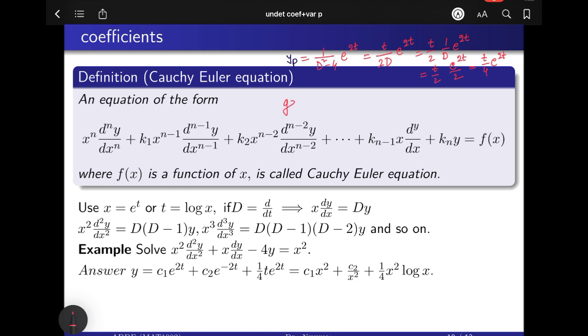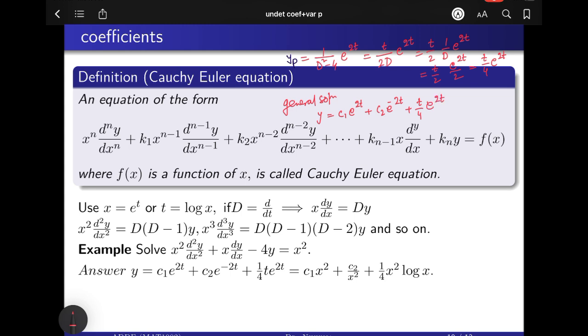This is your yp. So the general solution is given by, general solution is what? y is equal to yc, that is c1 e power 2t plus c2 e power minus 2t, plus here you got t by 4 e power 2t.